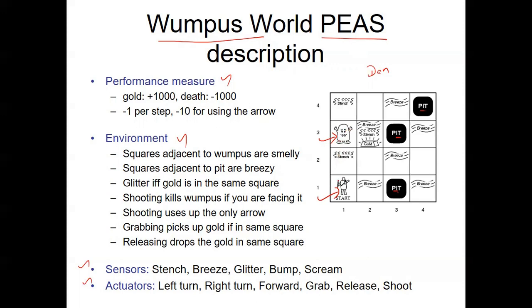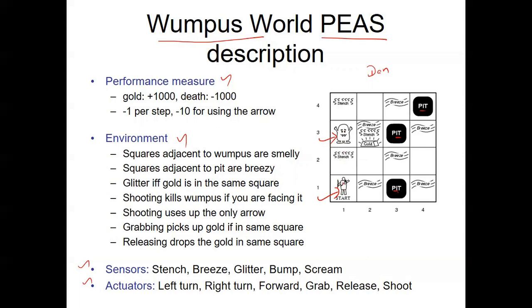But the agent is given one arrow. If the agent meets the Wumpus face to face inside the room, and fires that arrow, then the Wumpus will die. So there is that possibility also. It's not that always if the agent enters the room of the Wumpus, the agent will die.